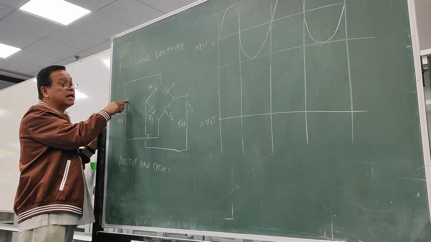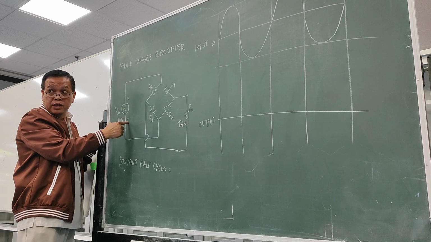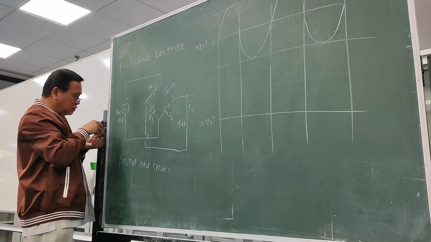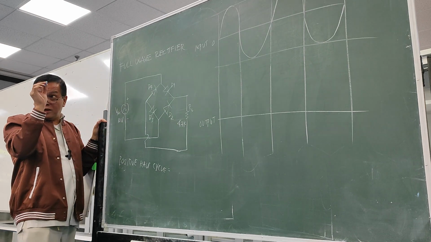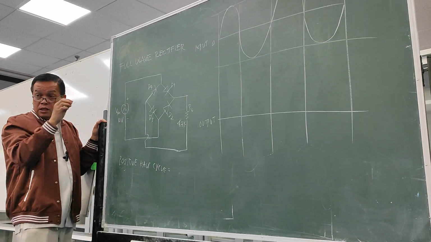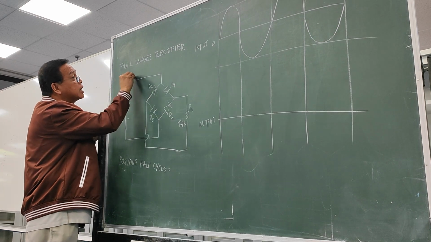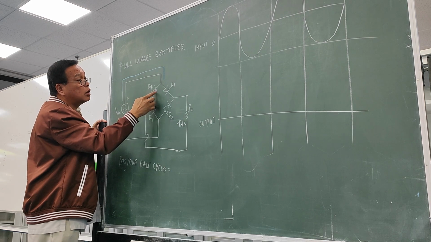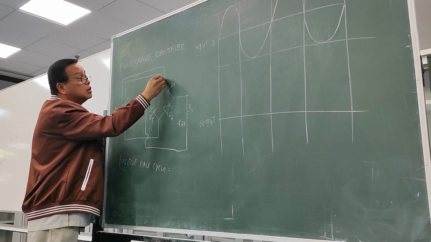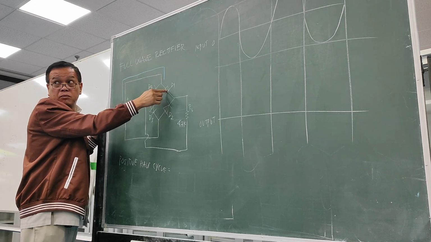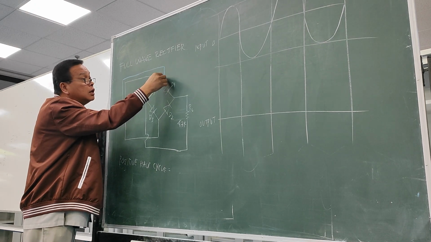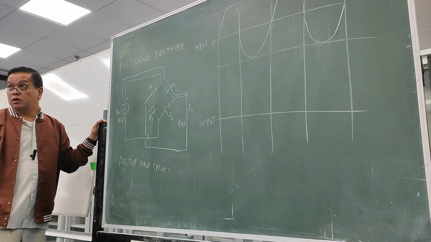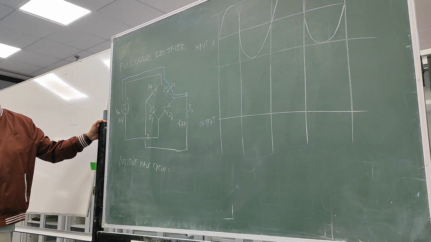We are on the plus on the top, and minus, the negative side, here. So I will draw the flow: the plus is flowing there. When it comes here, this will turn on. This is D1. D1 will turn on because of the positive anode, going to the load.